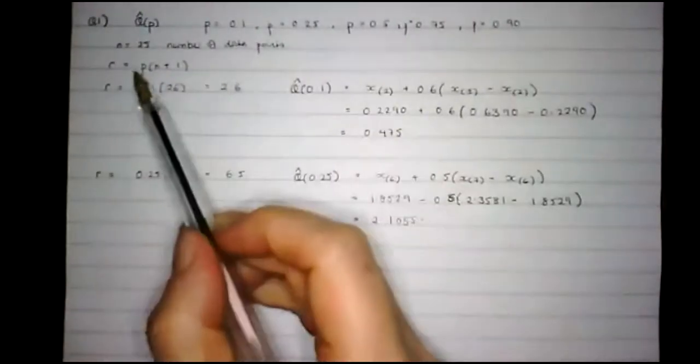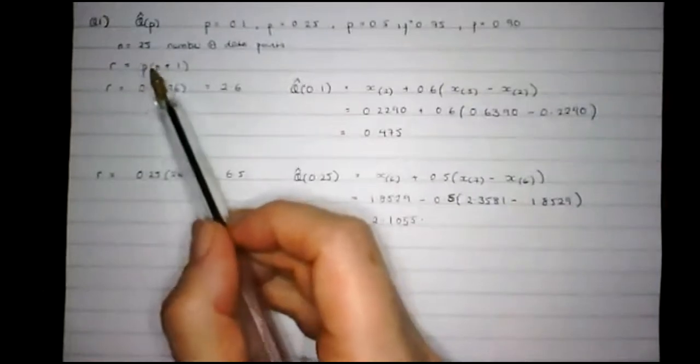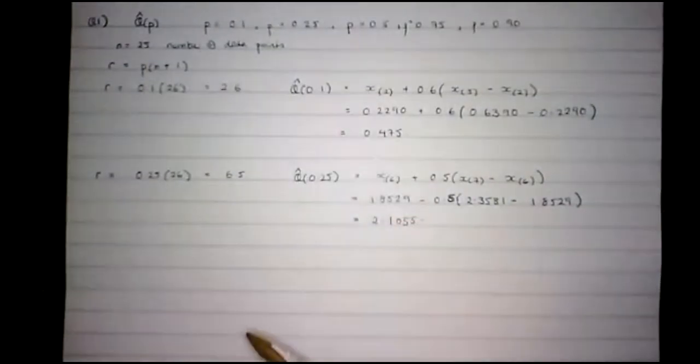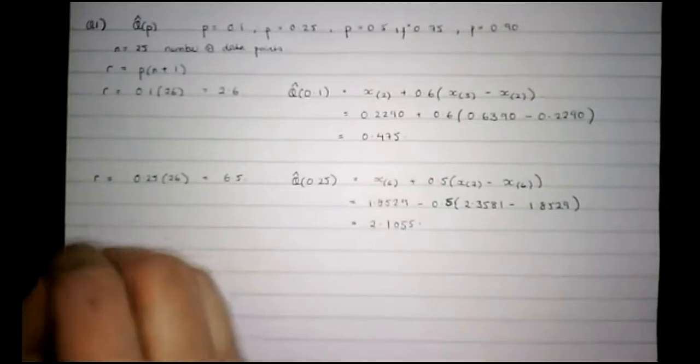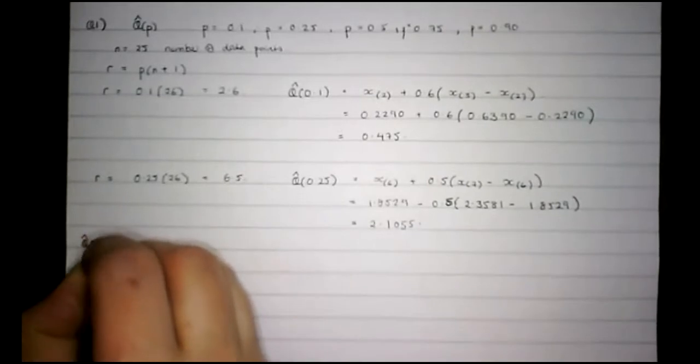Okay. So for the rest of question one, all you need to do is repeat this by changing the value of P in the formula for the percentile. So you just need to recalculate another value of R by putting the value of P that we need in here and continuing on. The only thing I would like to mention, which will help us along, is we were asked for Q0.5, which is the 50th percentile, which you'll see in the final question of this exercise can be formally shown to be the median.